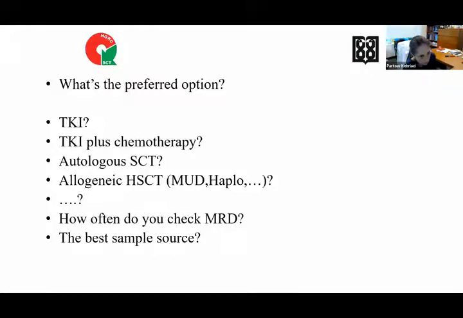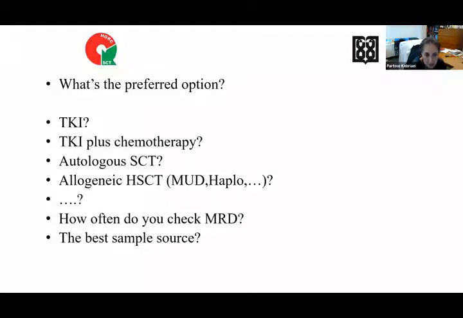So I think what this shows you is that in this particular case, you need to intensify the therapy because the patient is still MRD positive. If with intensification, the patient becomes MRD negative, that to me is the real question.